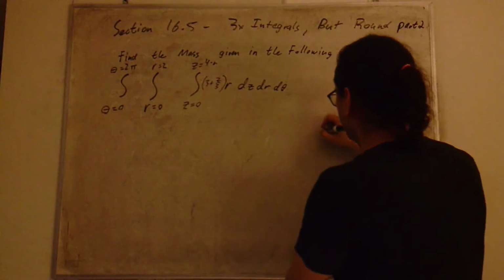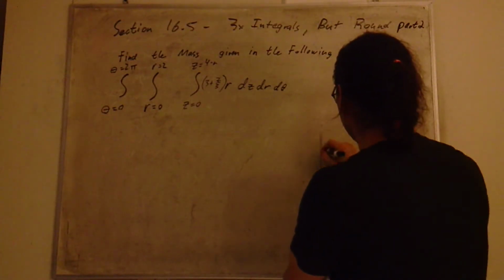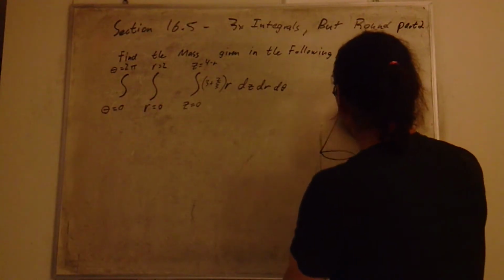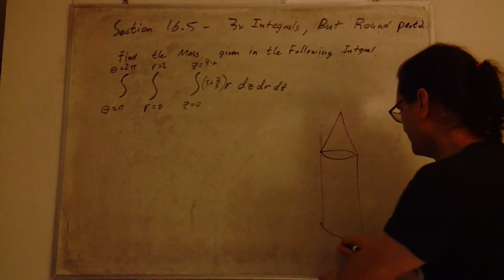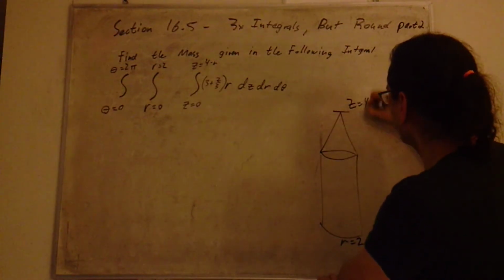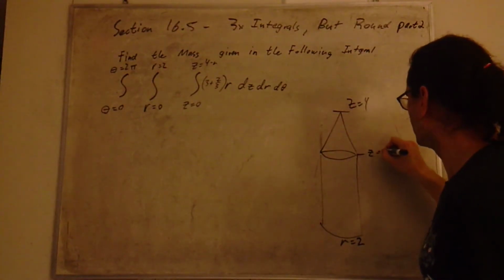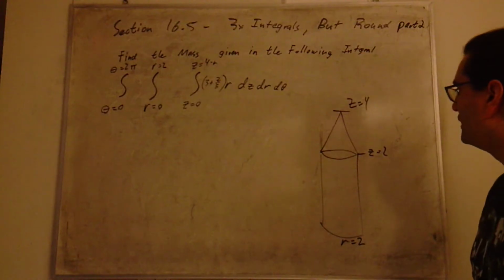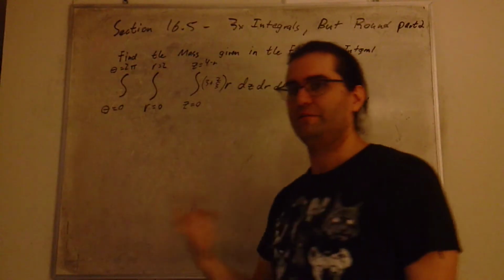It's like a cylinder with a cone on top. Radius equals 2 here, and this is z equals 4 way on top. So this is probably z equals 2. That's the shape we're dealing with, and we're going all the way around in theta.